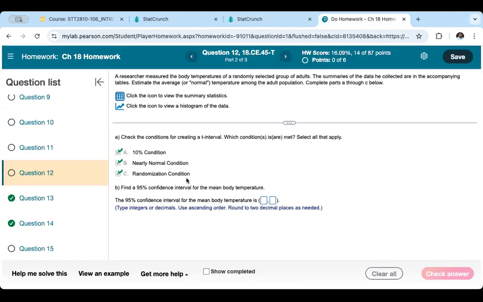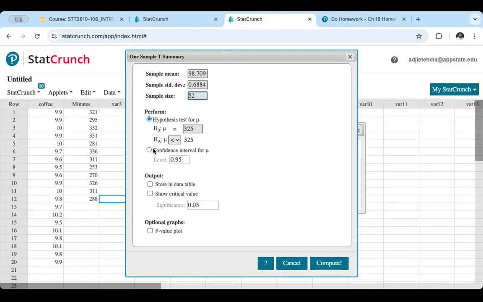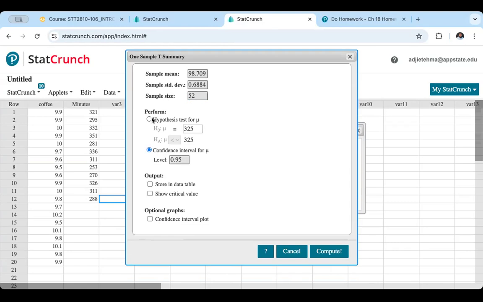The question wants you to compute a 95% confidence interval. So we click on this one and not that one. And then we make sure that the confidence level here is correct. You could show the critical value if you want. And then we click on compute.